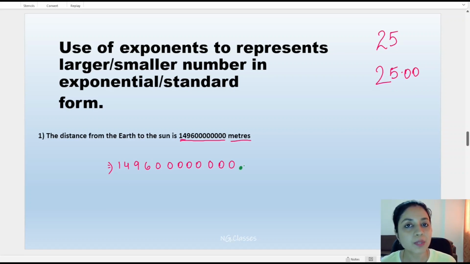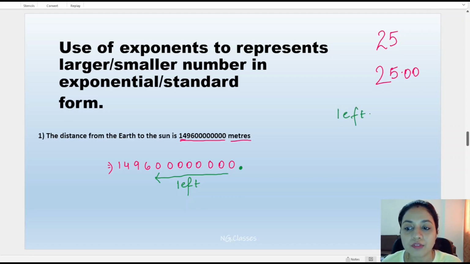So here also the decimal place is here. Now we will shift the place of the decimal. As we can see, we have to shift the decimal towards the left direction here. And whenever we have to shift the decimal towards the left, then the power of the exponent will be positive. So left direction will give the positive exponent. Let's see how.